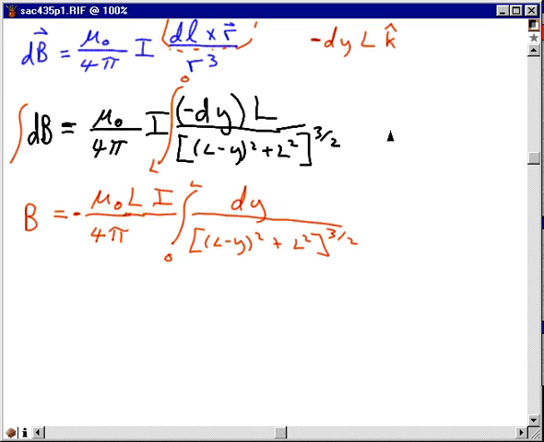Now here's the formula that you can find in the table of integrals. This is one we're going to be wanting to look at.